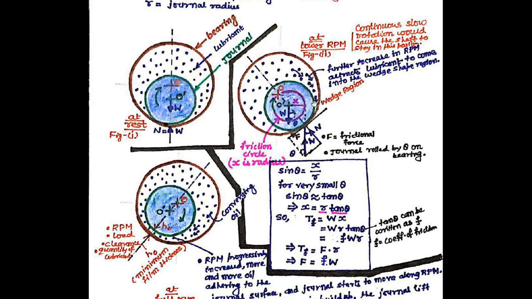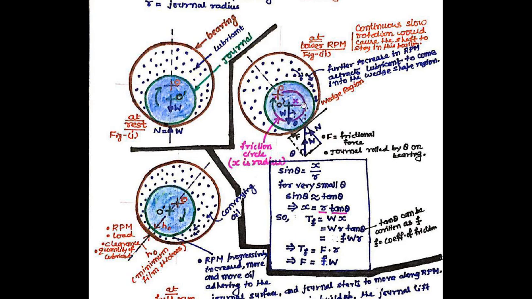these lubricants come into the wedge region at some pressure, means with some force, and this force is generated due to the pressure difference. Here pressure is different, and due to the wedge region, vacuum occurs here, and the lubricant starts to flow from high pressure to lower pressure.